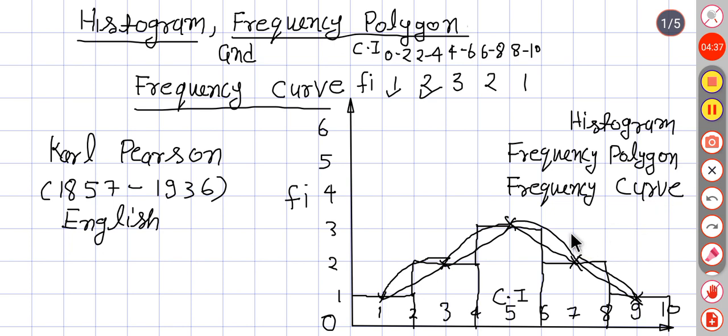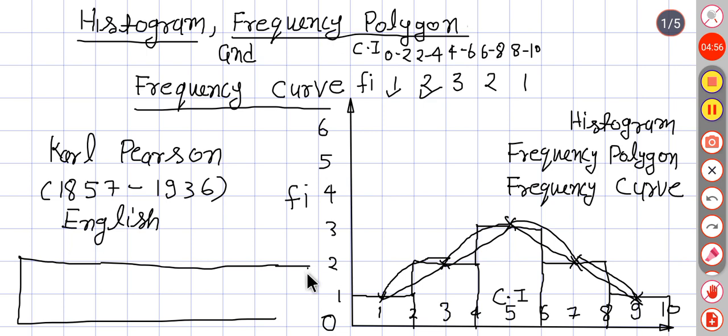In statistics and data science, histogram, frequency polygon, frequency curve have similar concepts and they play a very important role, and they are very important to analyze data and probability distributions, or data distributions.